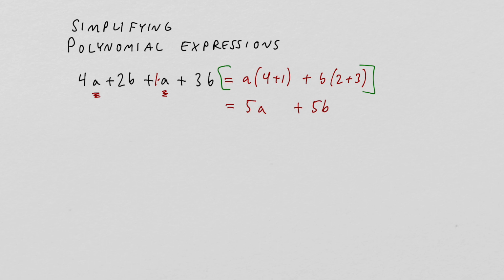And the important thing here is that a and b can be anything, so you should not mix them up. Maybe we are calculating the number of apples and bananas, and we should not mix up the things.